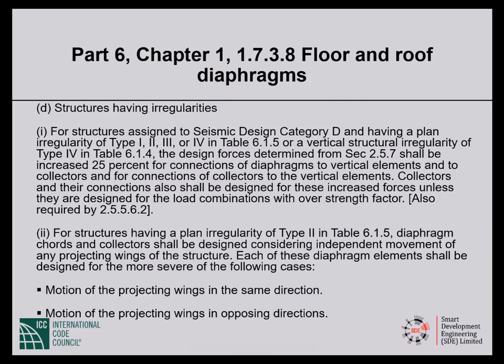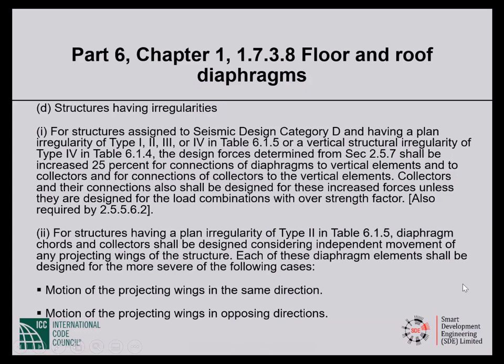Each of these diaphragm elements shall be designed for the more severe of the following cases: motion of the projecting wings in the same direction, moving towards each other, and the projecting wings going apart from each other. Okay, so this is said.